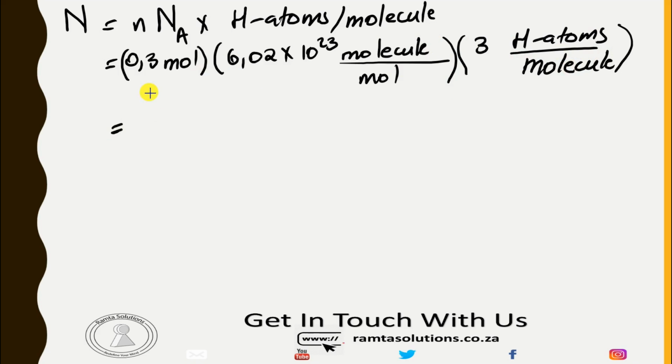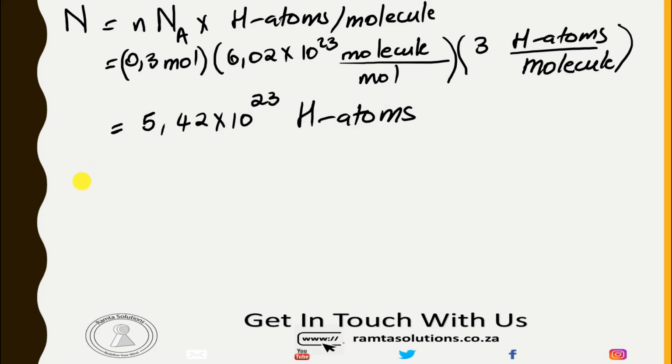Let's see what we get: 0.3 multiplied by 6.02 times 10 to the 23, multiplied by 3. Our answer is 5.42 times 10 to the 23 H atoms.